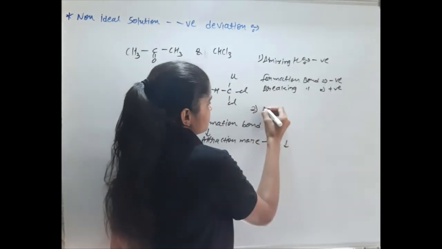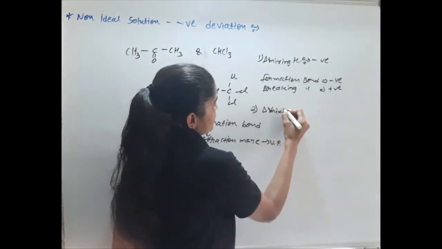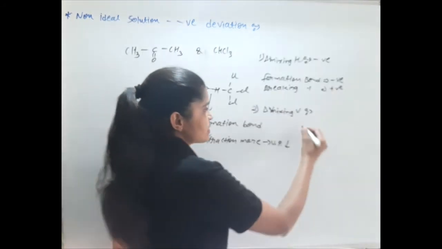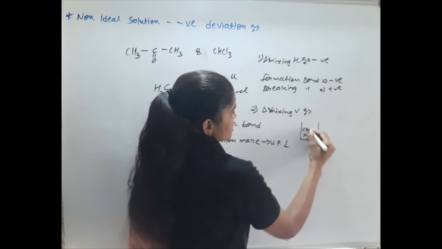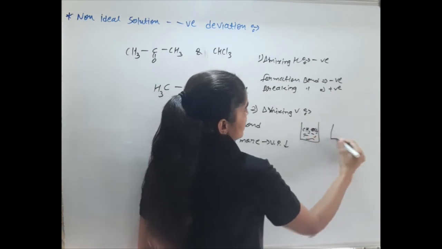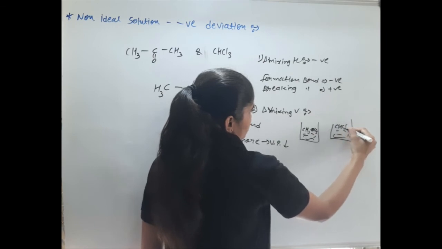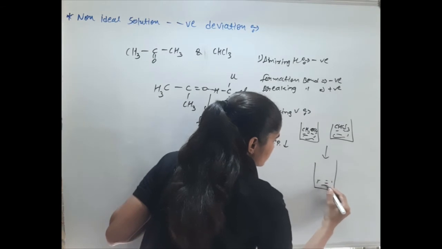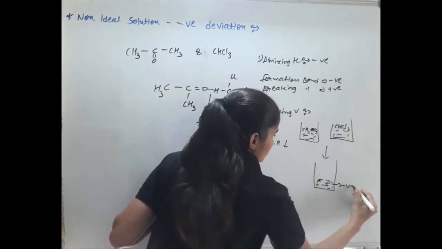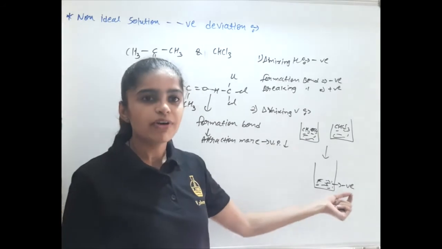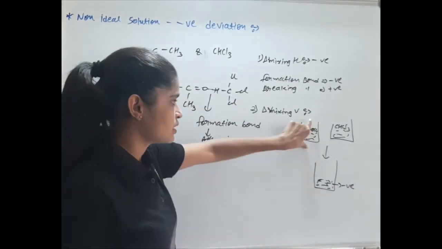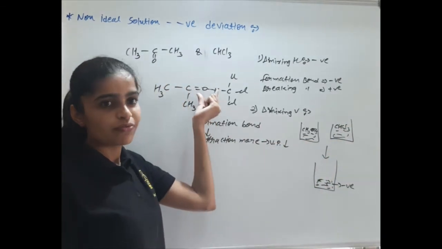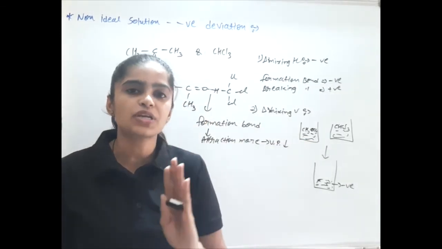Next is delta mixing V, the volume change on mixing. Consider A is acetone, CH3COCH3, and the second is chloroform. When they are mixed together, the volume decreases. Why? Because when pure component A and pure component B are mixed, they form a bond, which means attraction is present.